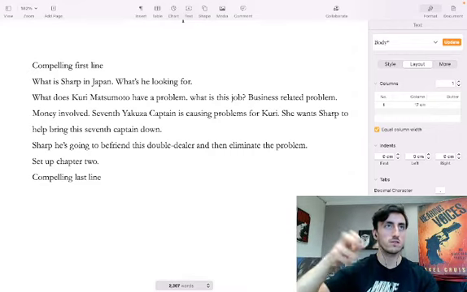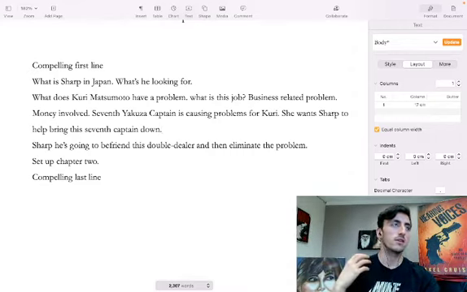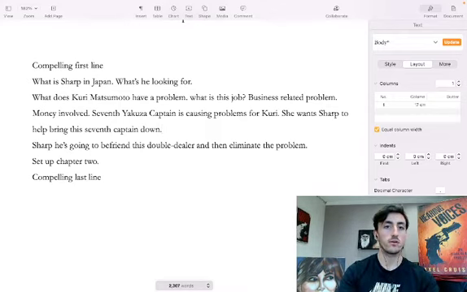He's going to gain the trust of some of the footmen, some of the people on the street, and then slowly he's going to climb the ranks of this organization, and he's going to help bring it down. That's the denouement, the climax of this story: these two Yakuza captains going head to head, with Sharp in the middle of it.